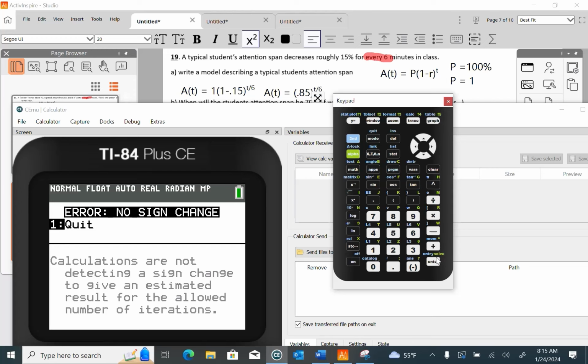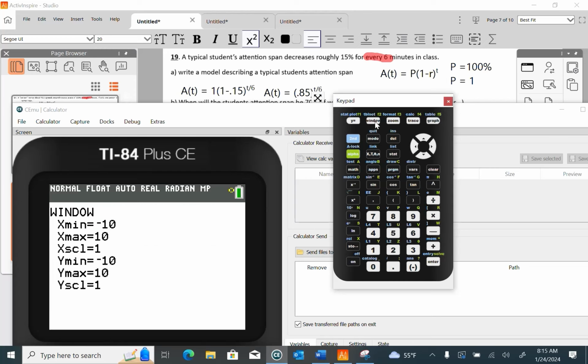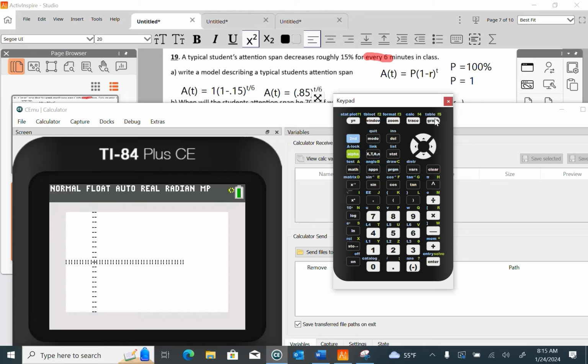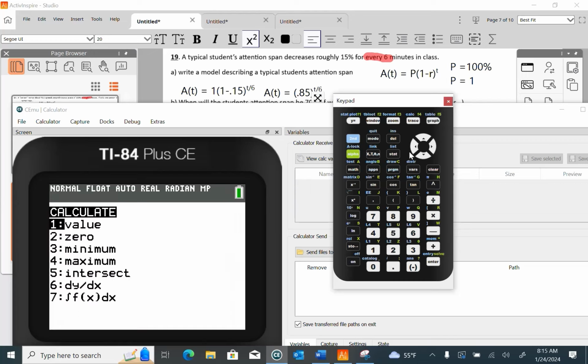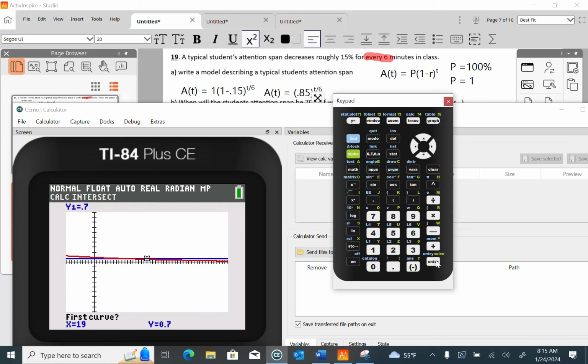Oh, no sign change. I have to zoom out. Anyways, let's go out 48 minutes because there's 48 minutes in a class at DHS. So I adjusted the X max to be 48 because that represents an entire class period. Second trace, back to 5, enter, enter, enter, 13.168 minutes.